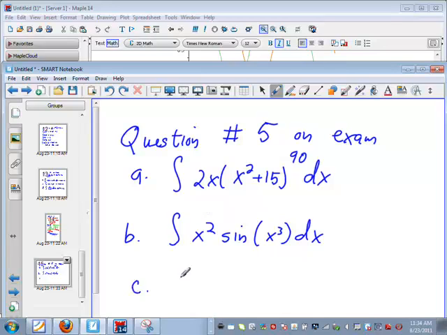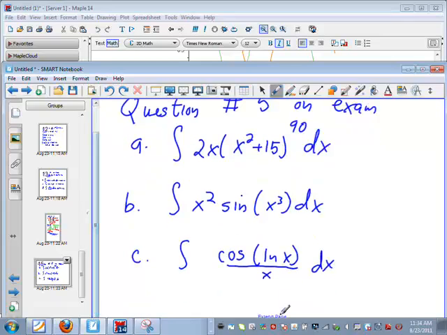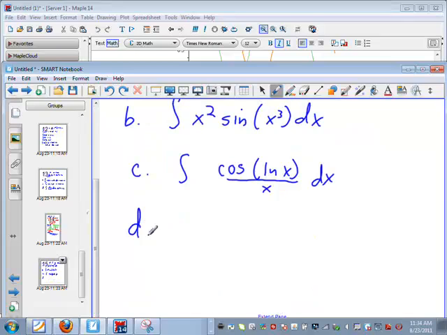See, the antiderivative of, let's be bad. Cosine of the natural log of x over x. The antiderivative of, let's do something wicked. This is about as bad as it gets.